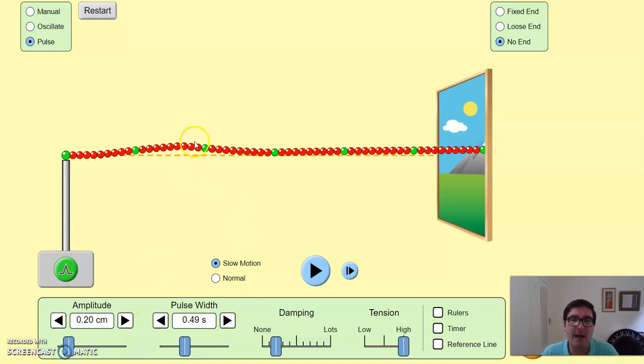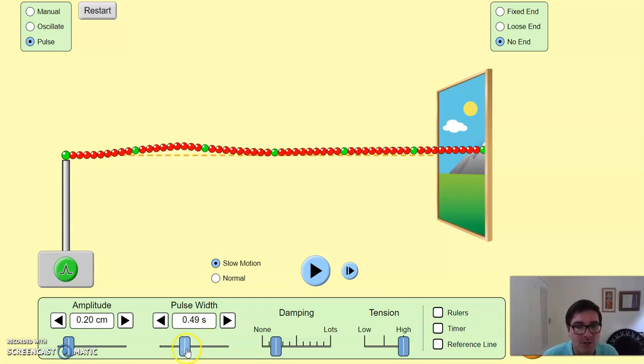Okay, now there's another concept that is important. This we call the pulse length. Okay, now that's how long the pulse is. Now on this simulation, they talk about pulse width, and there's seconds over there. We don't do it that way. Okay, so pulse length is like any other length we work with in physical sciences. It is in meters.